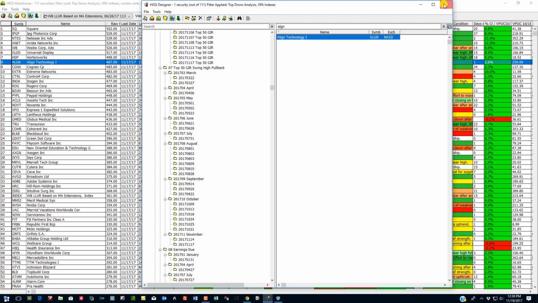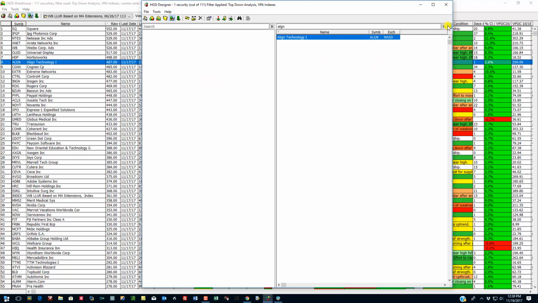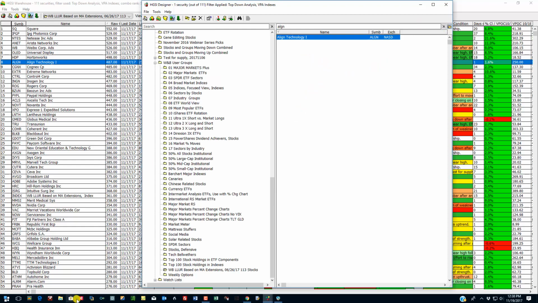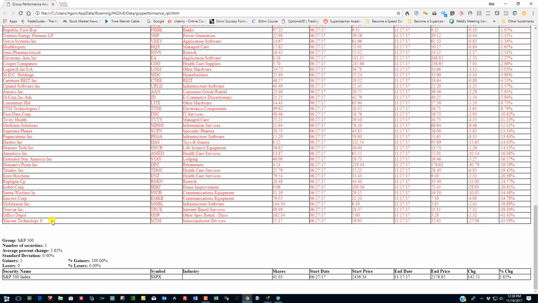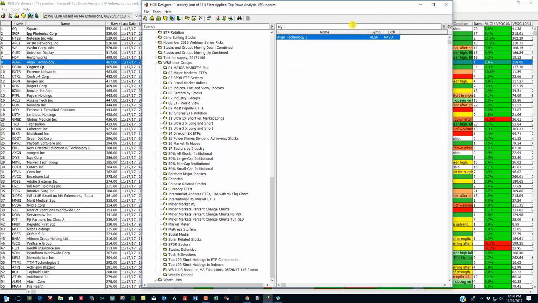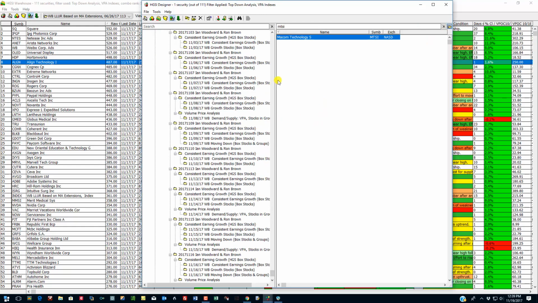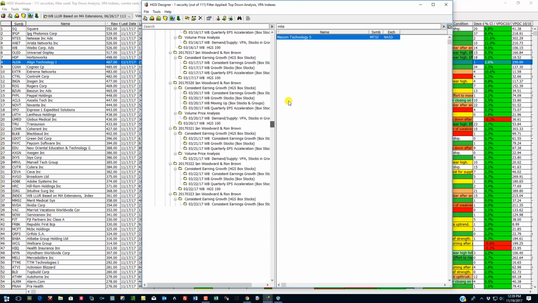So now let's compare this to, I'll take this off. Let's go back to that HTML. Let's compare this to MTSI. And we'll scroll up to the top.